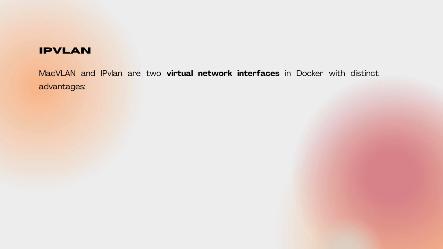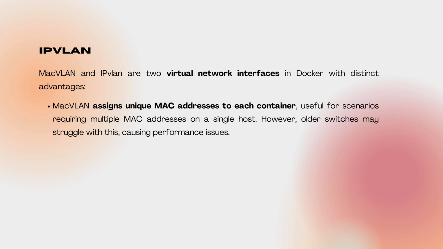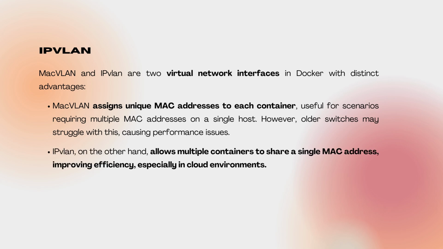MacVLAN and IPvlan are two virtual network interfaces in Docker with distinct advantages. MacVLAN assigns unique MAC addresses to each container, useful for scenarios requiring multiple MAC addresses on a single host. However, older switches may struggle with this, causing, let's say, performance issues.